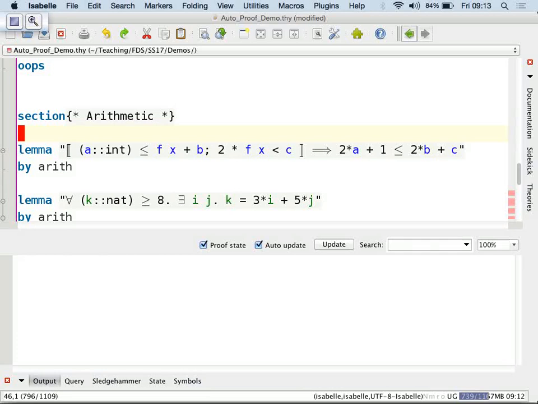How would you get from the premises to the conclusion? You have to combine the two premises somehow.